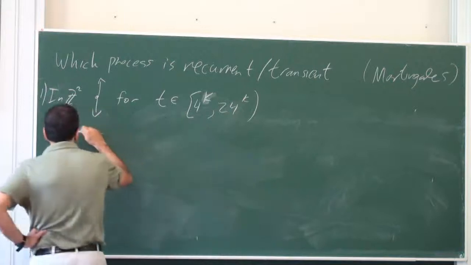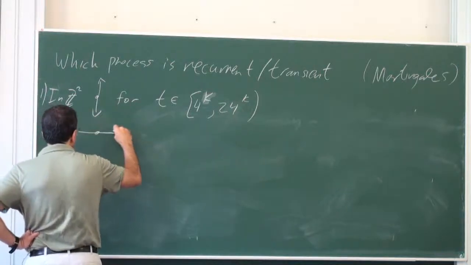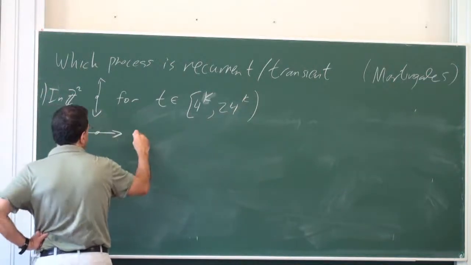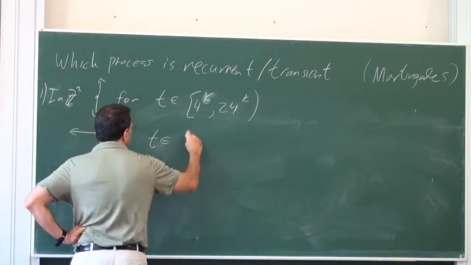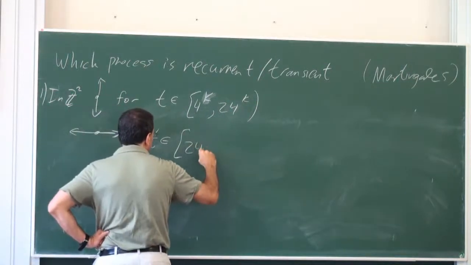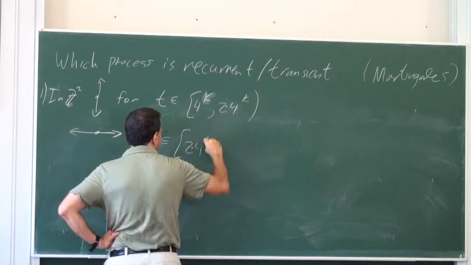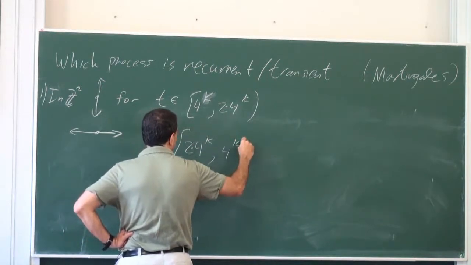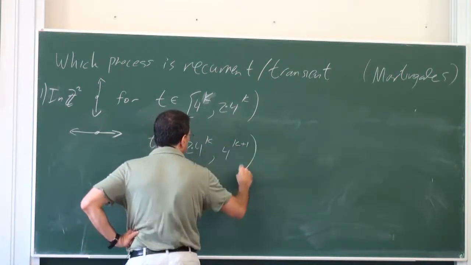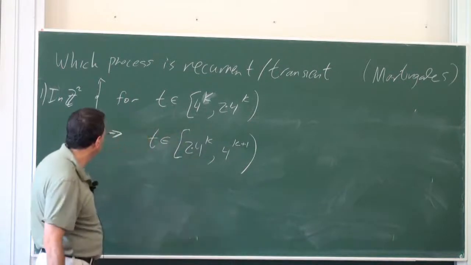And we walk left or right, equally likely, for times t which are between twice 4^k and 4^(k+1). Okay, and this is for all k.